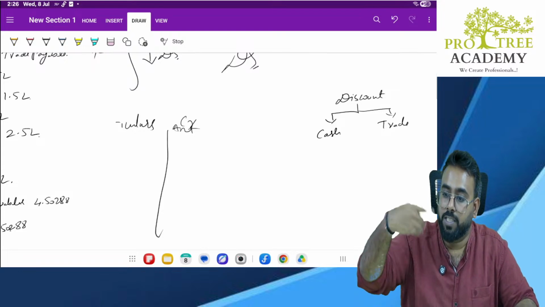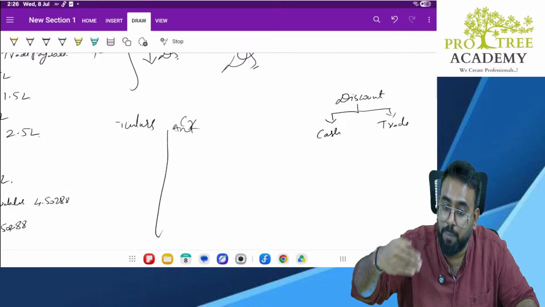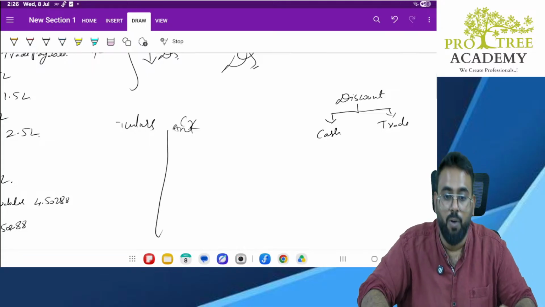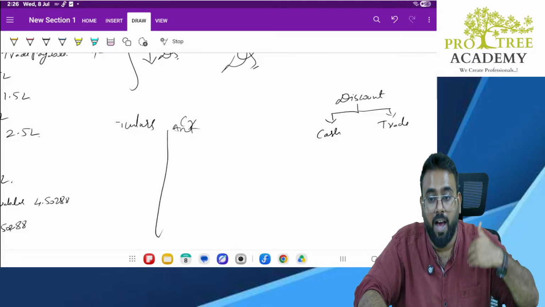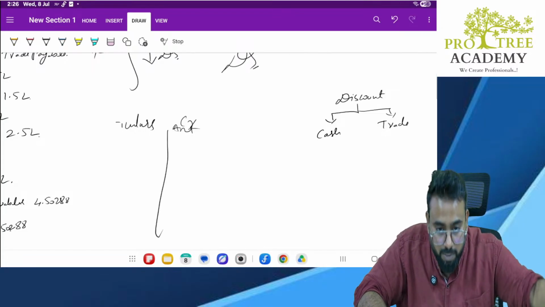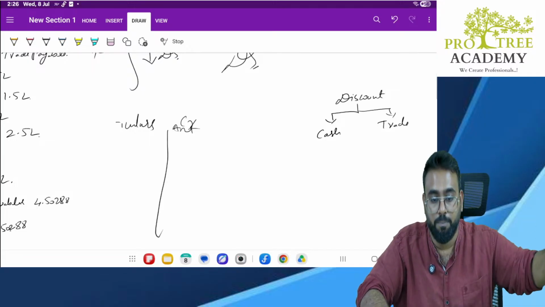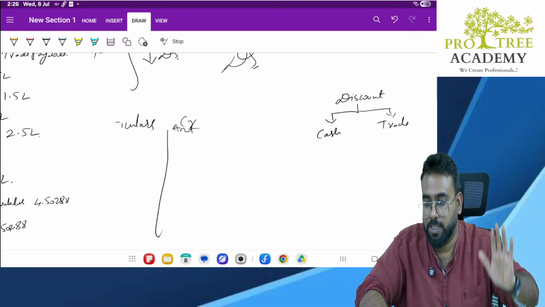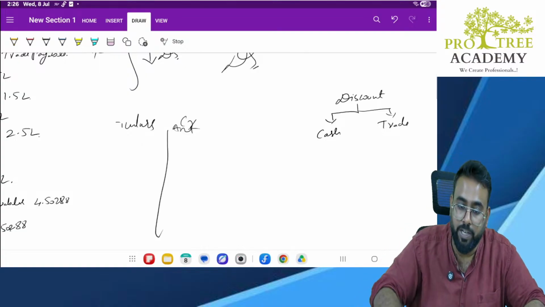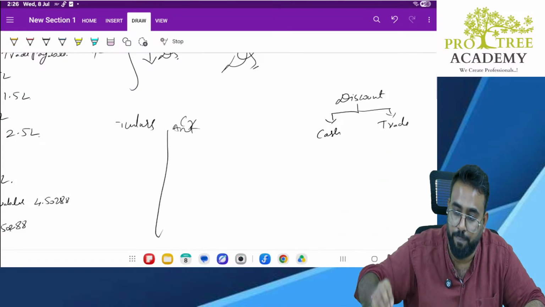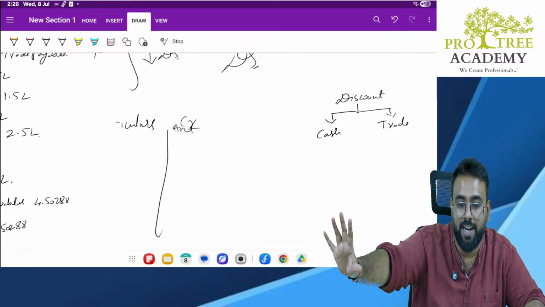Similarly, whatever discount is given while we are making the payment to the creditors is discount income. Whatever discount we are allowing to our customers while receiving the payment from them is discount expense. Say for example, just now I told you ABC Limited, I have to collect 10 lakh rupees from him. But I said pay me 9.5 lakhs, you are done.